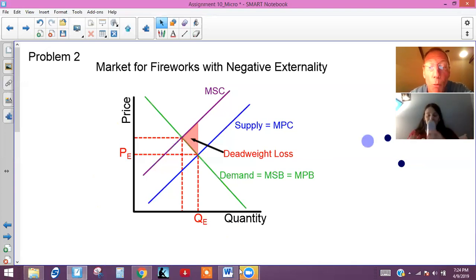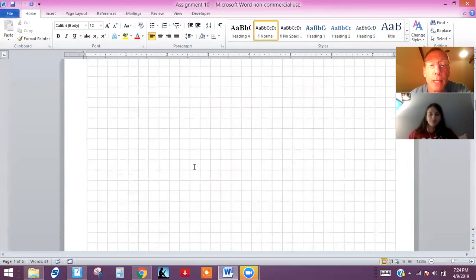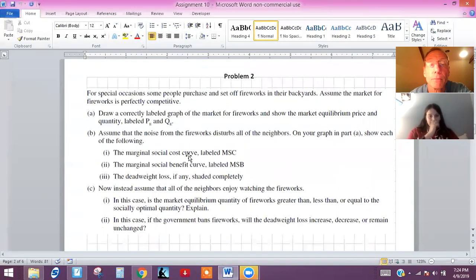So what we want to know is, and the way they set this up is they just tell you that these are fireworks that people are just setting off in their backyards. So they're not like a big city-wide professional display.